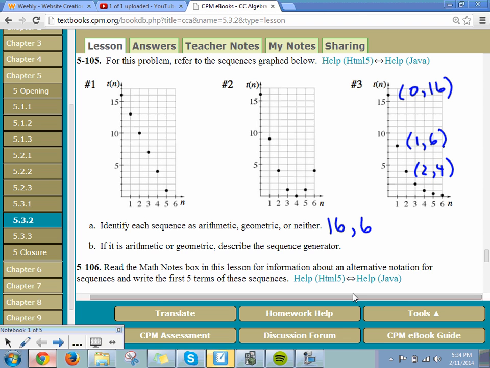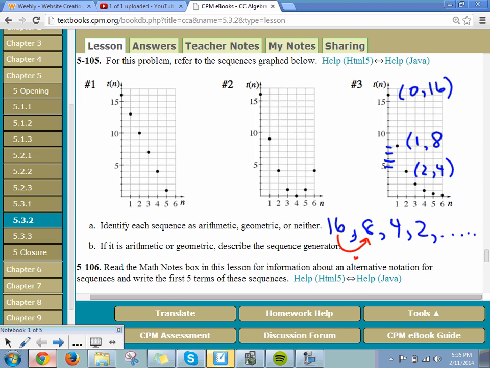So if we were to list it as a sequence, 16, and then, whoops, that is not a 6. That's at 5, 6, 7, 8. My bad. That's 1 to 8. And then 4, and the next one is 2, and then it goes on.